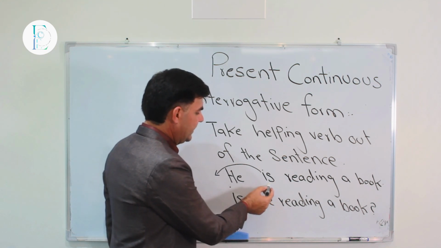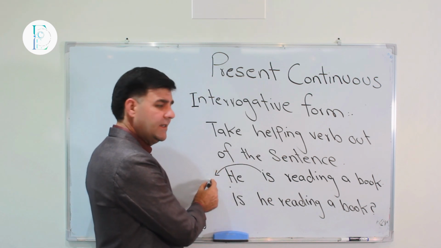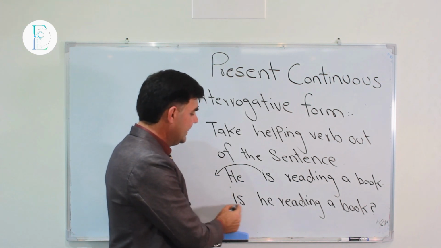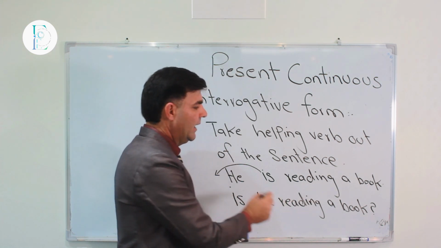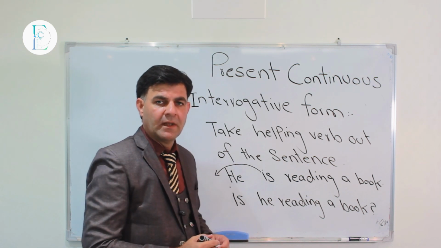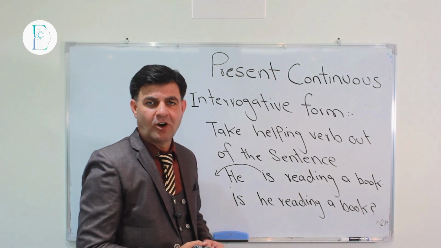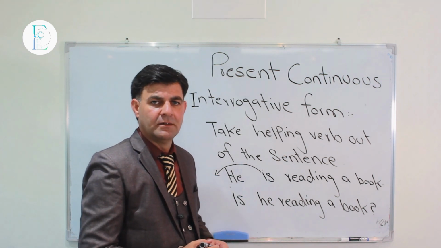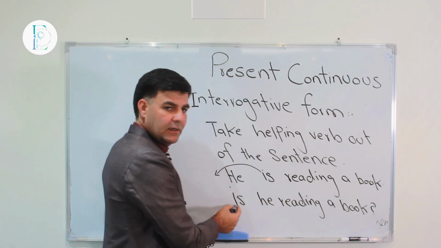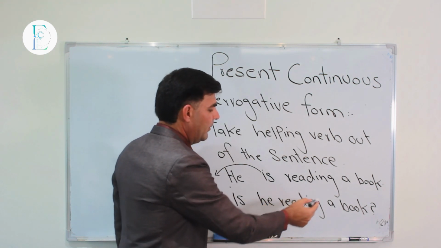So, take is out of the sentence, to the beginning of the sentence. Is he reading a book? And keep the rest of the sentence as it is. The sentence will be automatically interrogative. Question.